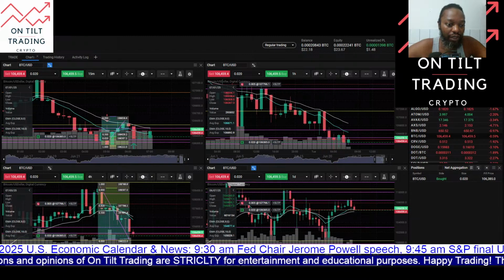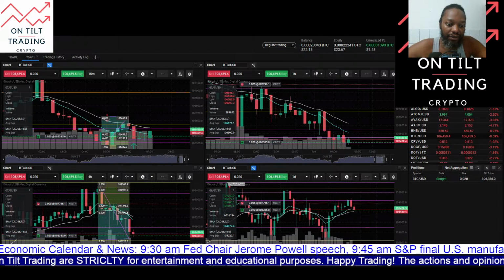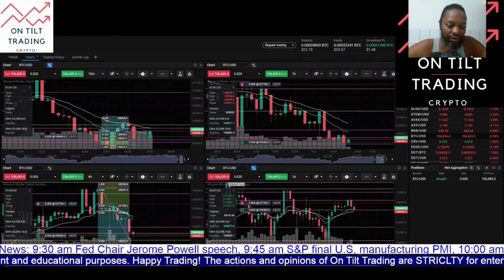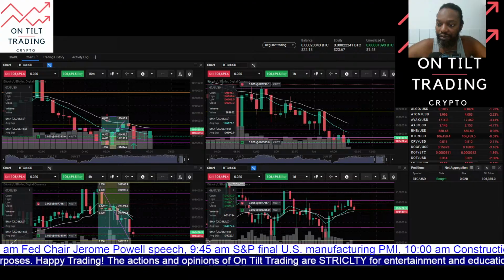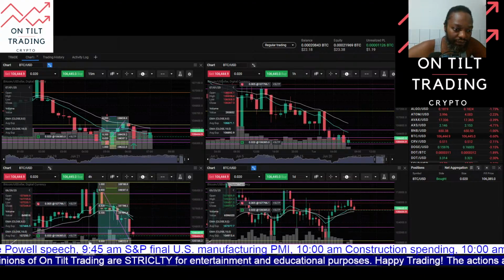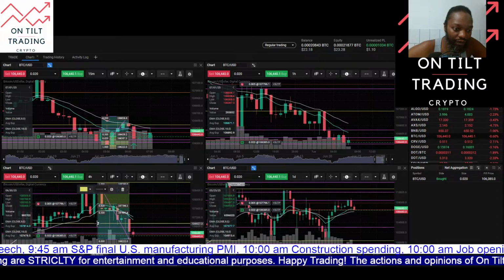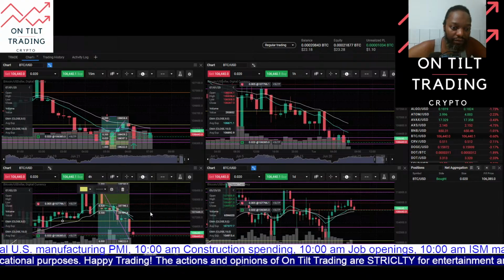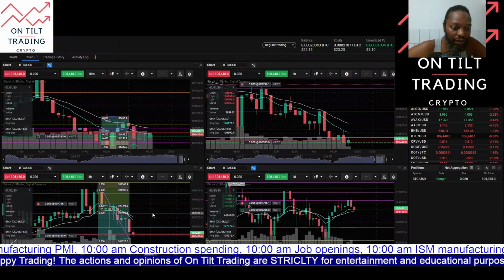Here on the 4-hour, these yellow lines, this was the opening structural range, or this is the current structural range. Actually, let me put up the opening structural range. Okay.